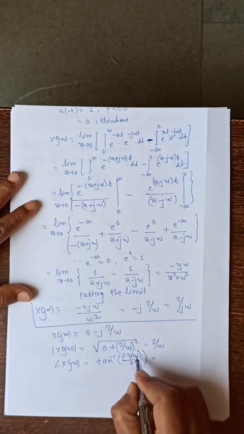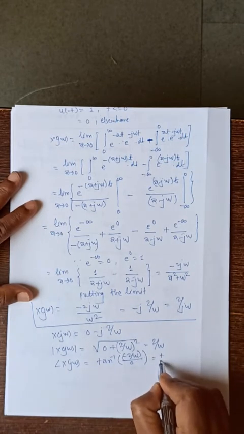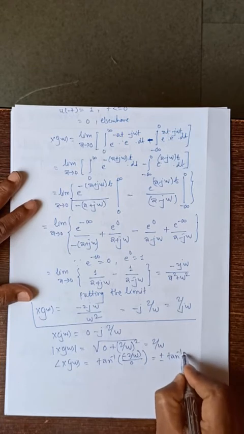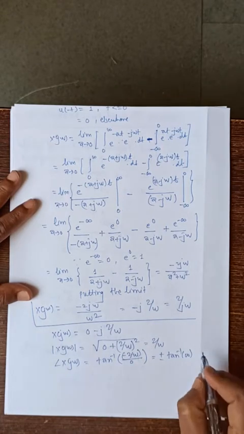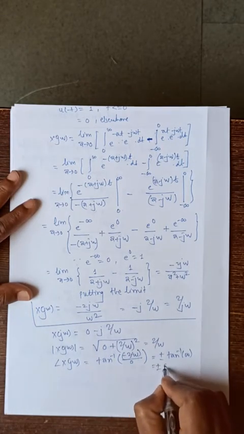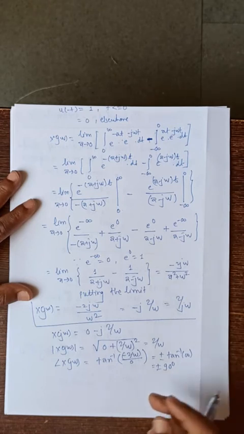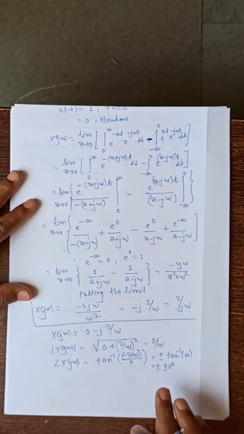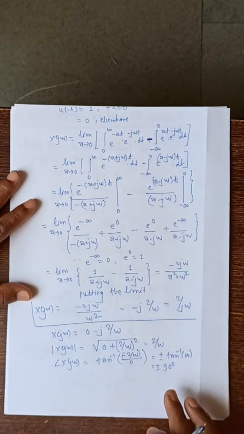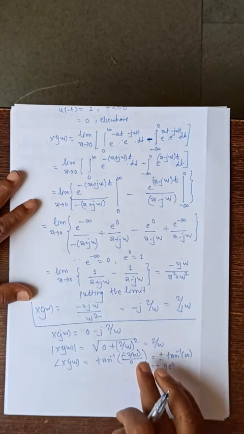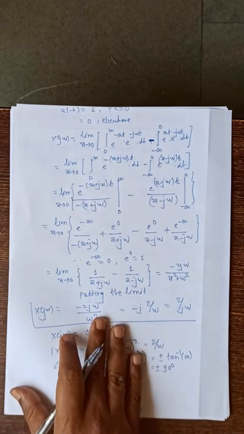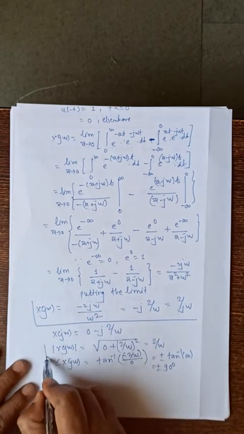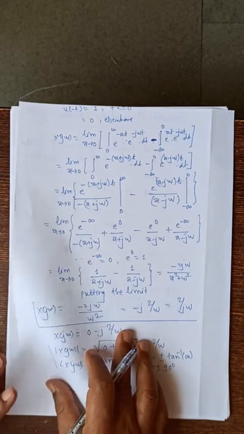There are positive values of omega as well as negative values, so plus or minus tan inverse of infinity, that is equal to plus or minus 90 degrees. That means for positive values of omega it is equal to minus 90 degrees, and for negative values of omega it is equal to plus 90 degrees. So this is the magnitude and this is the phase.